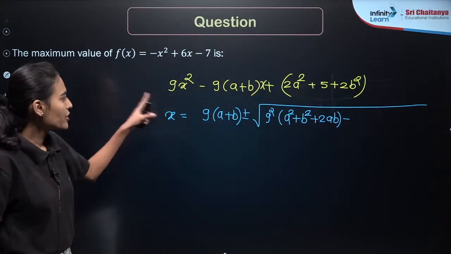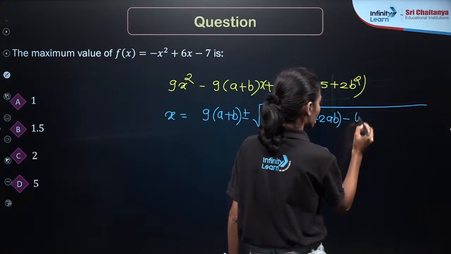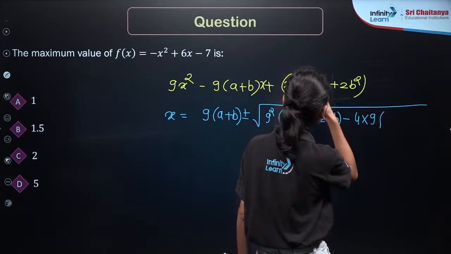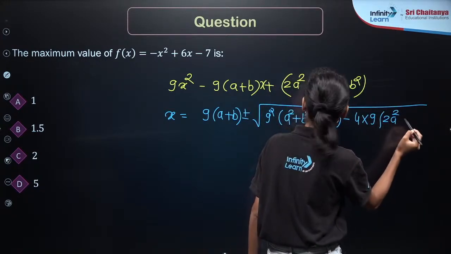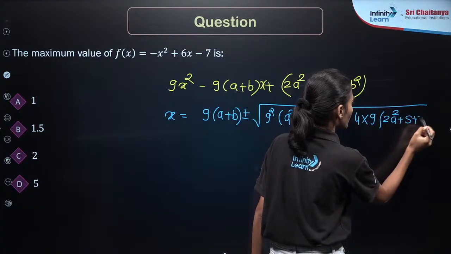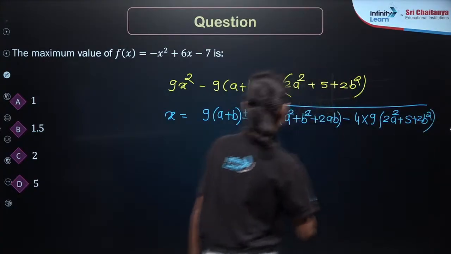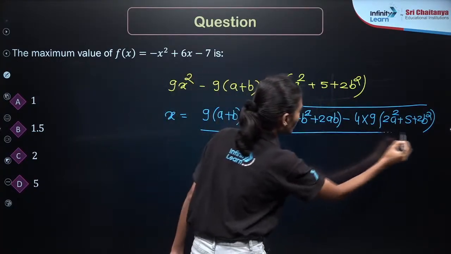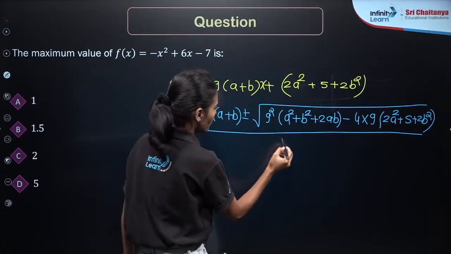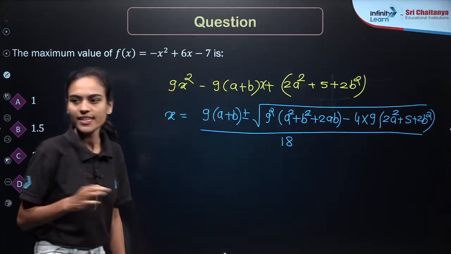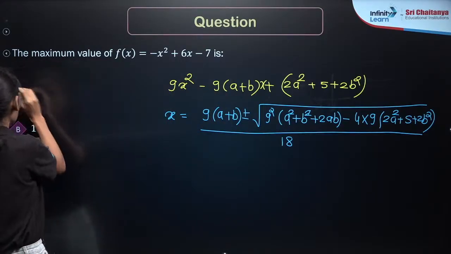So it is 4 into 9 into, you have c as 2a square plus 5ab plus 2b square, whole divided by 2a, meaning 2 into 9, which is 18. Let us simplify this. This is the easy way.